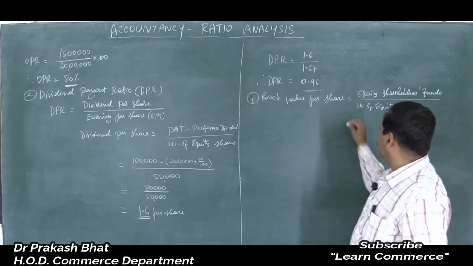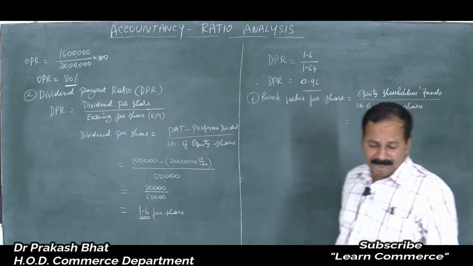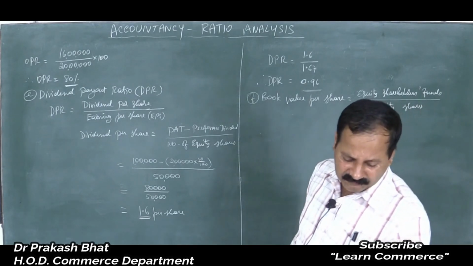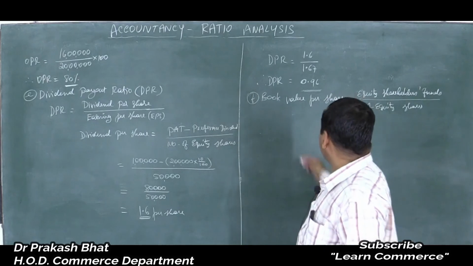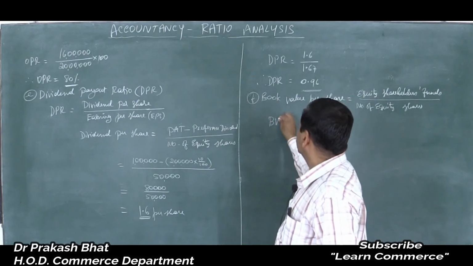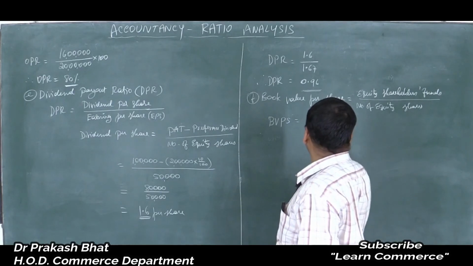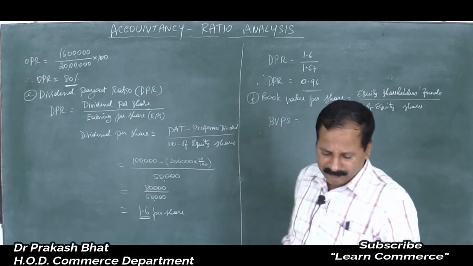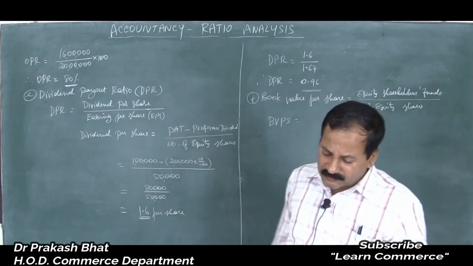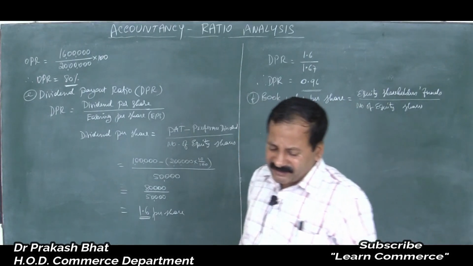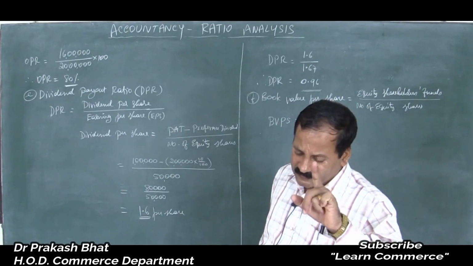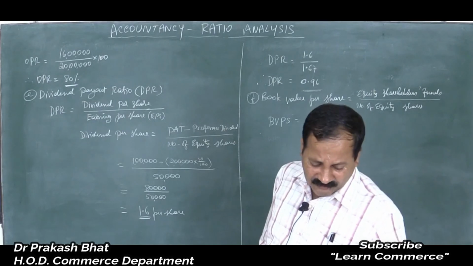Now substitute the figures in the formula. Book value per share is equal to, equity shareholders funds means what? Equity share capital plus reserves and surplus, general reserve. Am I correct? General reserve.